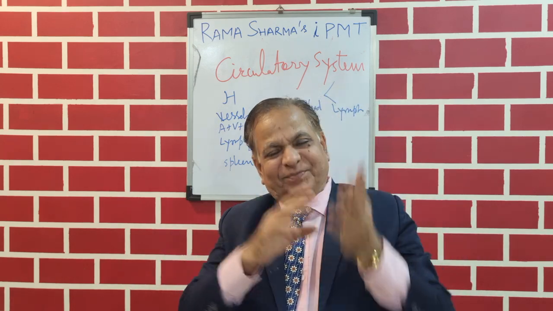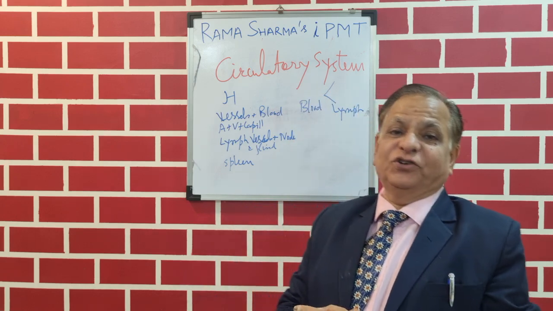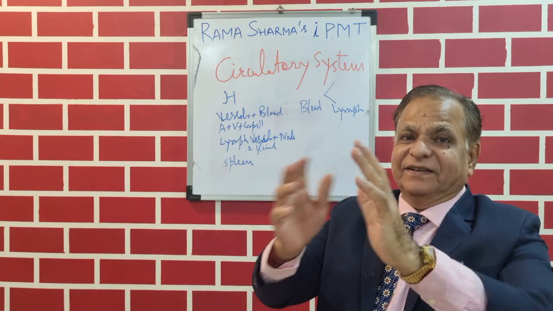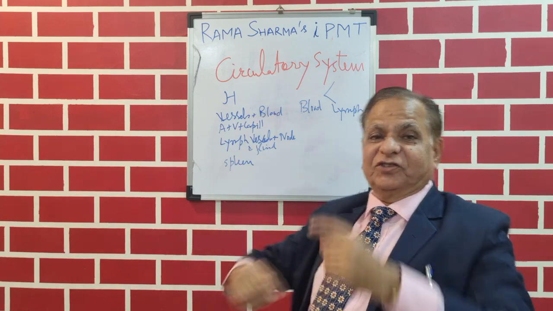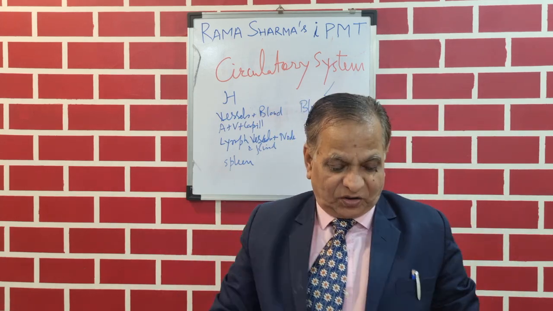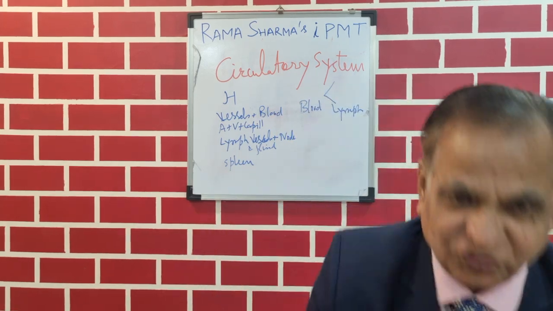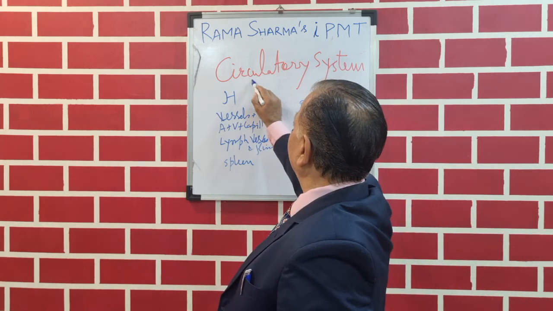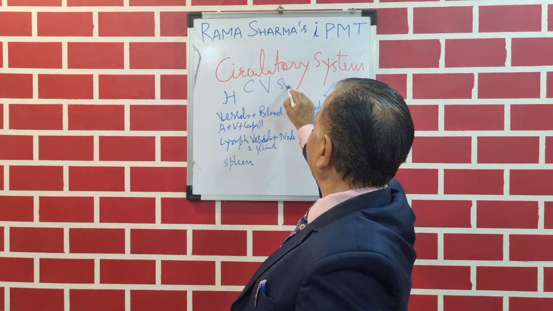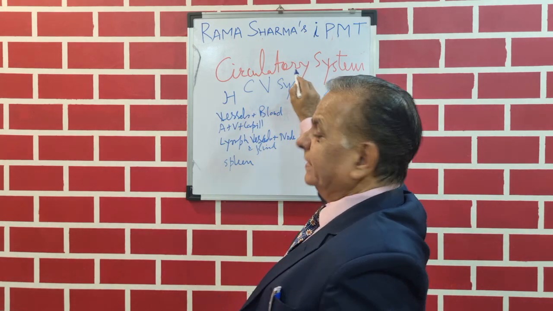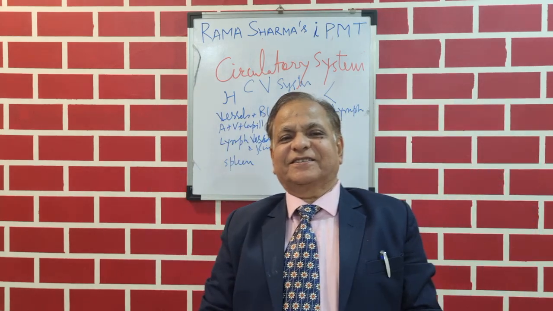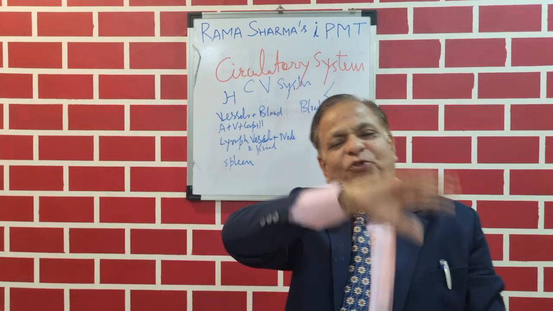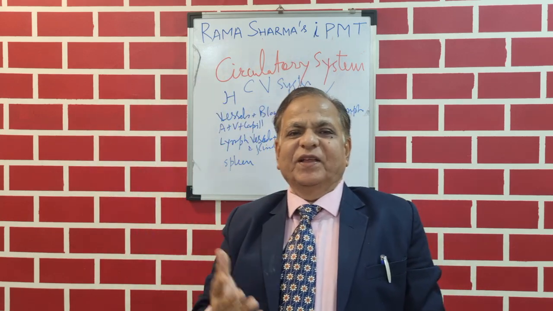In the subject of anatomy and physiology, today the system we will discuss is the circulatory system, another name for which is the cardiovascular system. The circulatory system is the transport medium of your body.